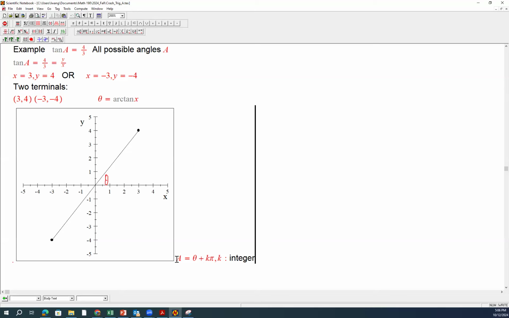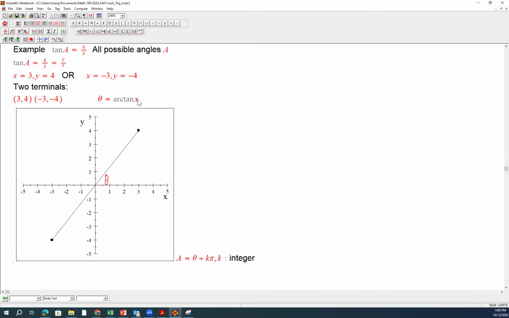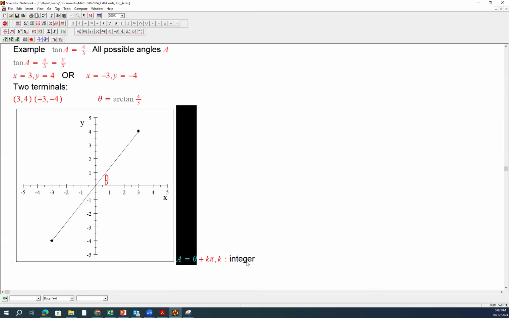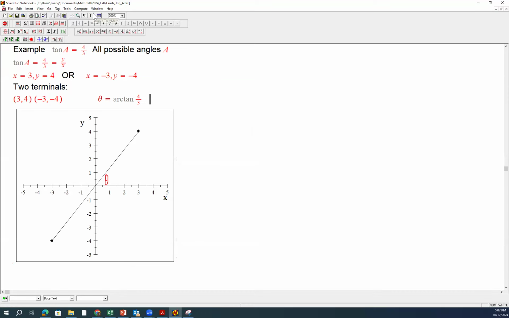Once we have theta represented properly, arctangent of 4/3, this theta will be uniquely determined. You don't have to worry. It's going to be this theta as a positive ratio. And then all the solutions are found. So the solutions are going to be this one.